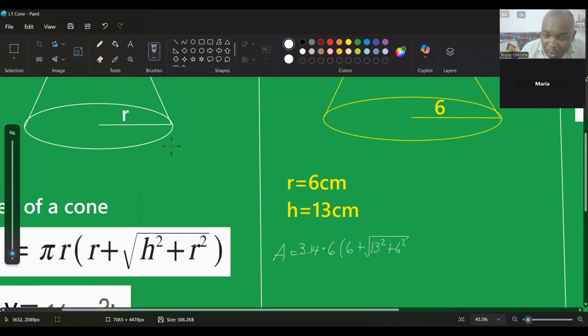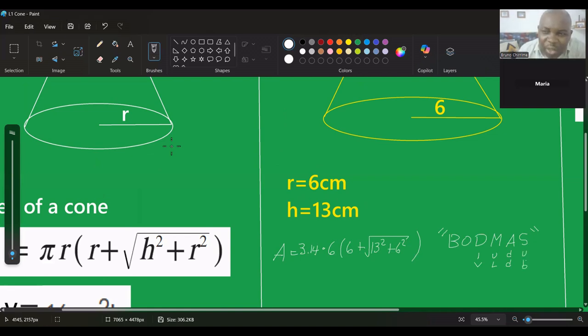So the way you work this one out, you want to be careful. Have you ever heard of BODMAS? No. So BODMAS means brackets, of, division, multiplication, addition, and subtraction, right?